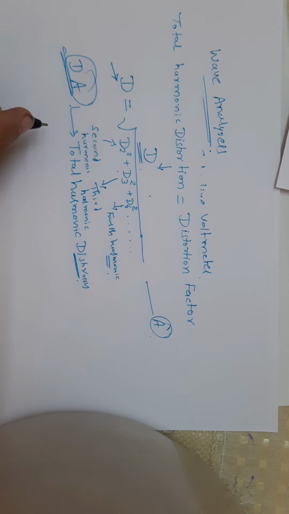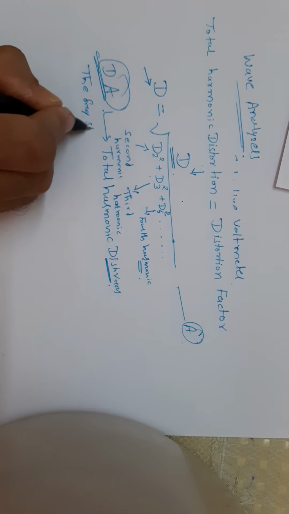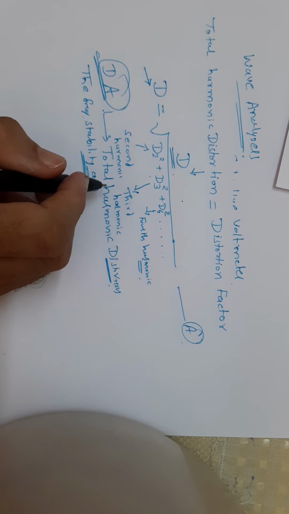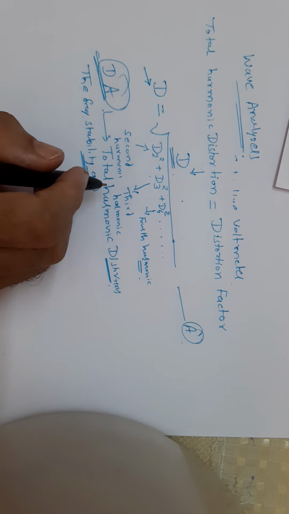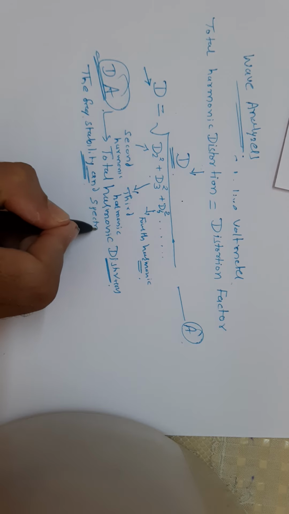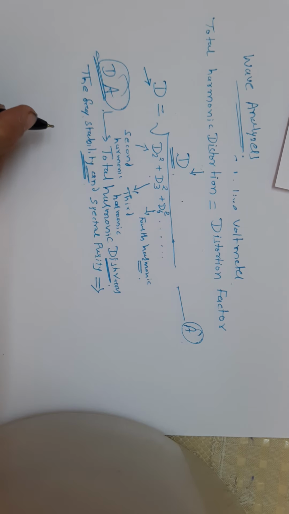The frequency stability and spectral purity of a signal source can be measured by the use of these signal analyzers. What is this frequency stability? How stable is the signal?